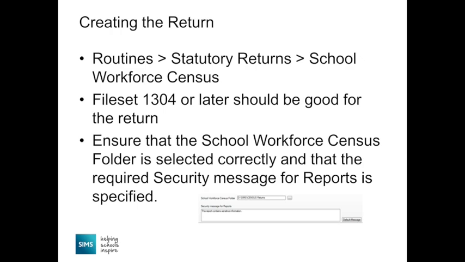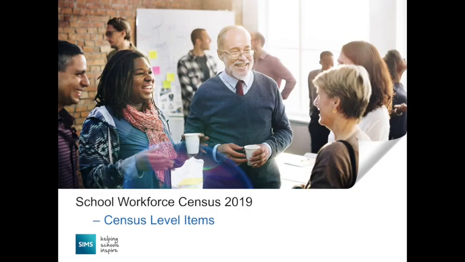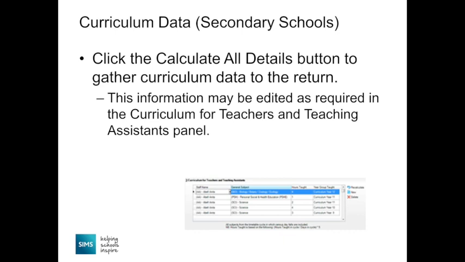The census level items, just like the pupil census, we work through them. The first one is for secondary schools only. When you open the return for the first time, as we'll see in a minute, you click the Calculate All Details button. This will draw information from SIMS, including for secondary schools, the curriculum allocations of all the members of teaching staff in the school.